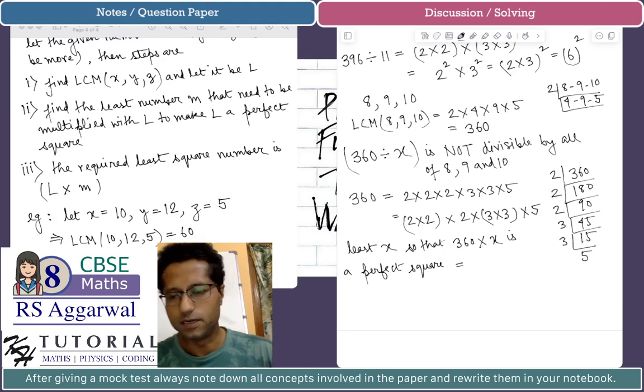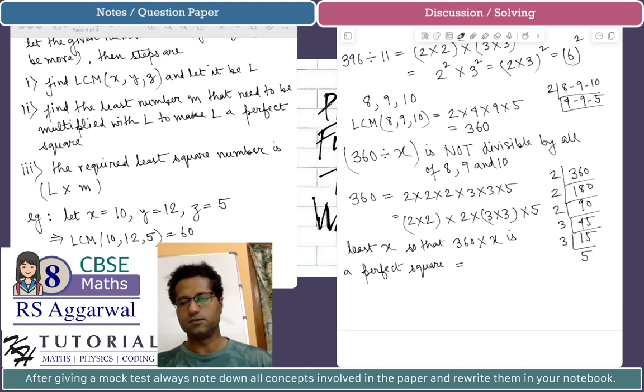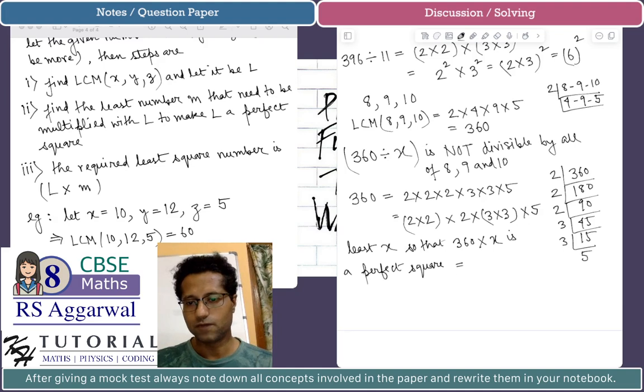After we have arranged it in pairs of equal factors, we have to identify all those prime factors which are not part of any pair. Those factors in this problem 360 are 2 and 5. So this will be 2 multiplied by 5 equals 10.